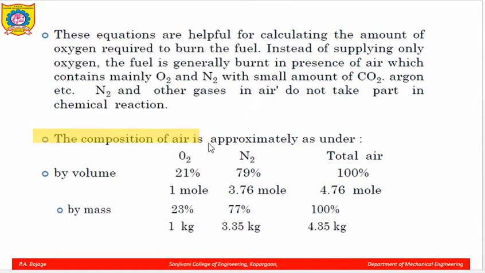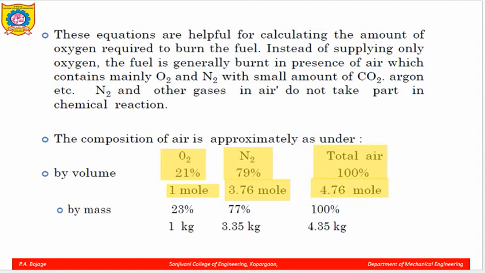So, the composition of air is approximately as given. 21% by volume is oxygen and 79% by volume is nitrogen, totalling 100%. So, 1 mole of oxygen and 3.76 moles of nitrogen give a total of 4.76 moles of air.